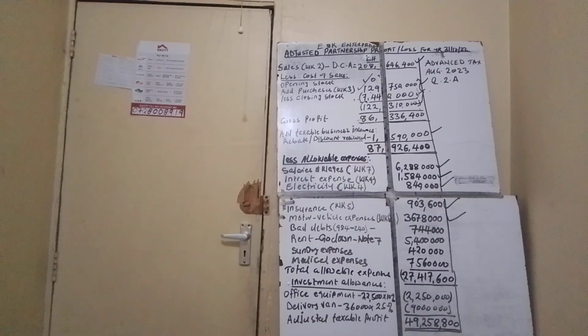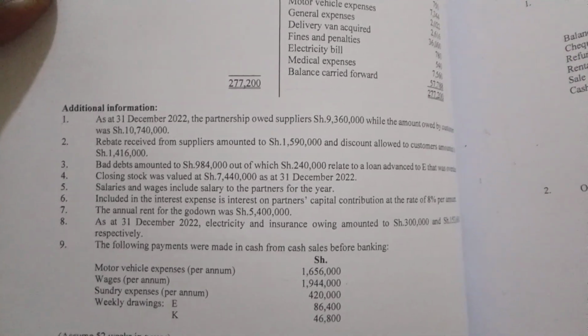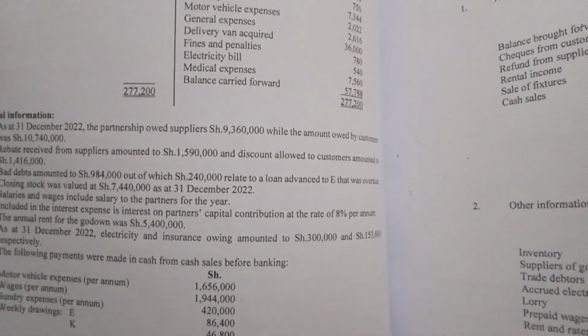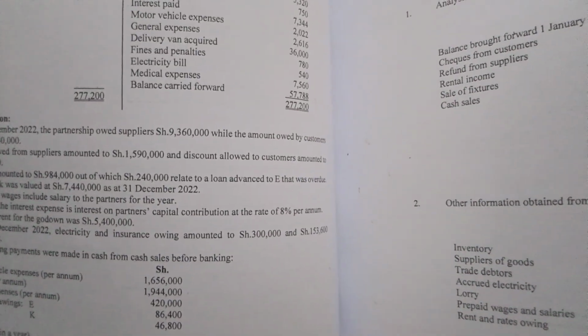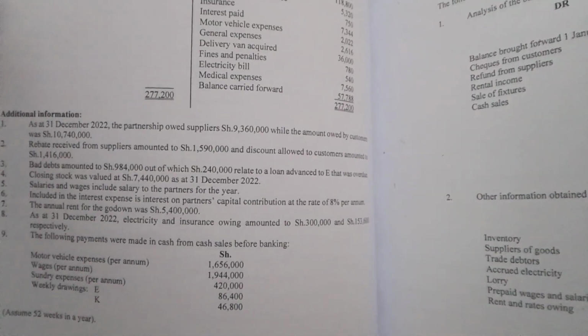678,000. Then bad debts, you can see it is 744,000. Bad debts, I have assumed these are specific bad debts. Now you are told that additional information number three, bad debts amounted to shillings 984,000, out of which 240,000 relate to a loan advanced to E that was overdue.